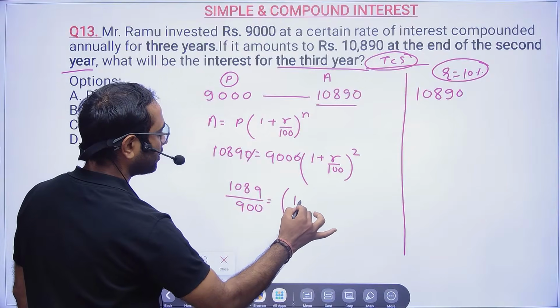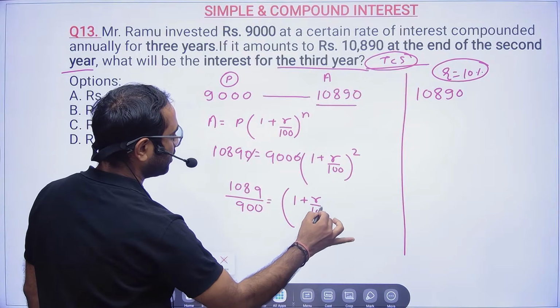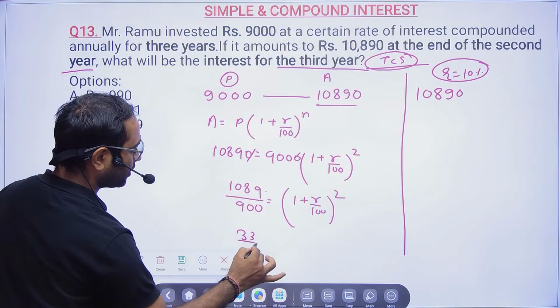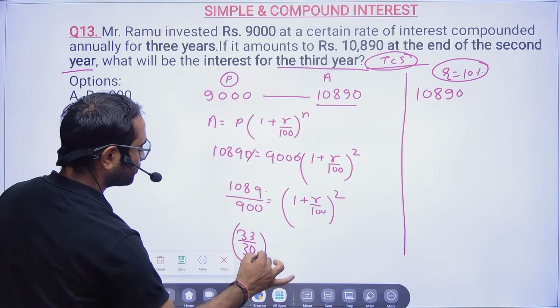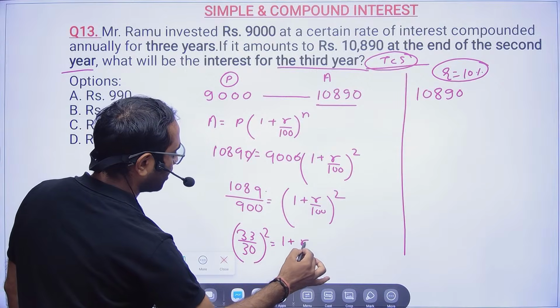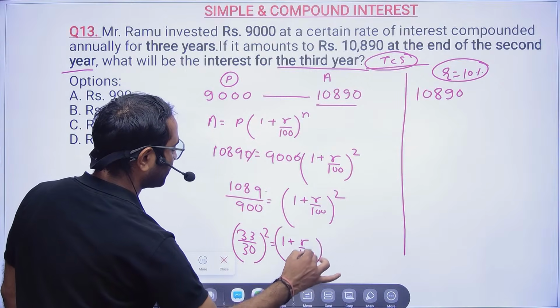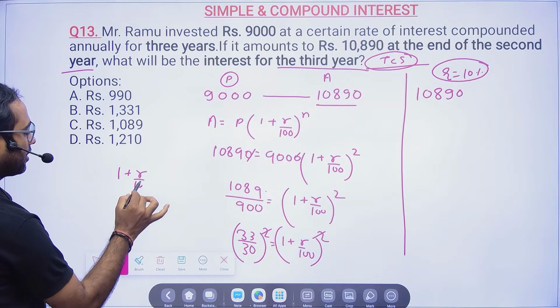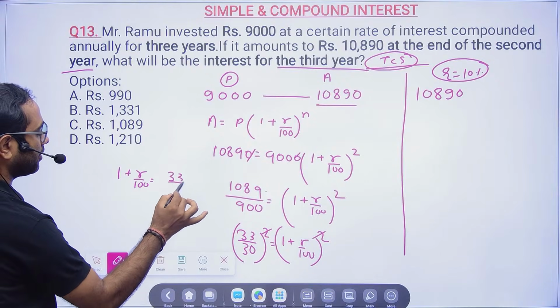900 is nothing but 30 square, and 1089 is 33 square. So 33 by 30 whole square equals 1 plus r by 100 whole square. I am simply dragging these steps. Squares cancelled, so 1 plus r by 100 equals 33 by 30.